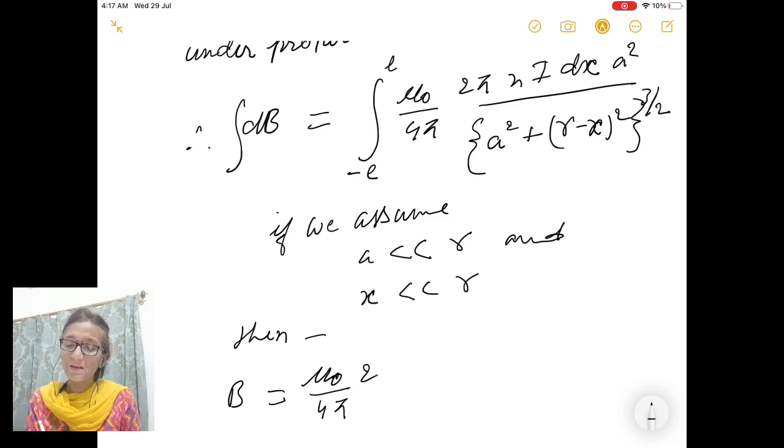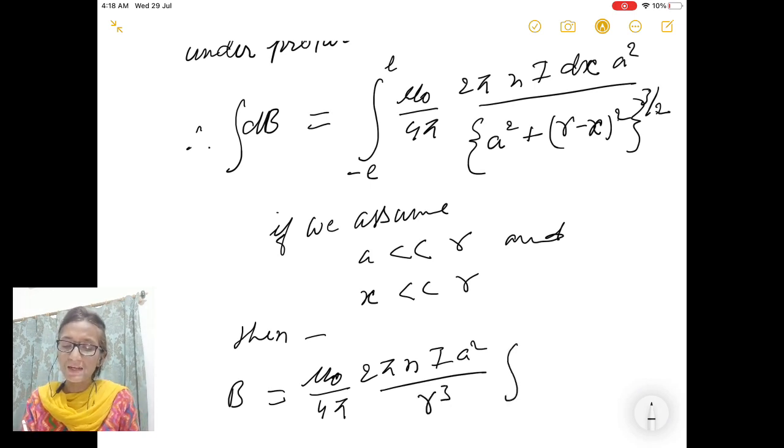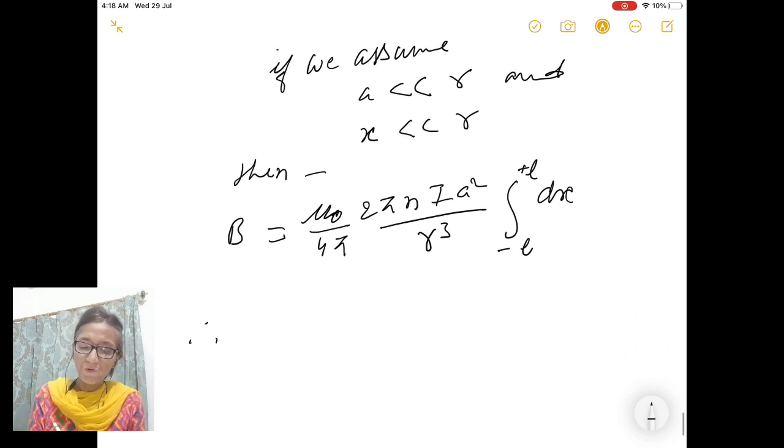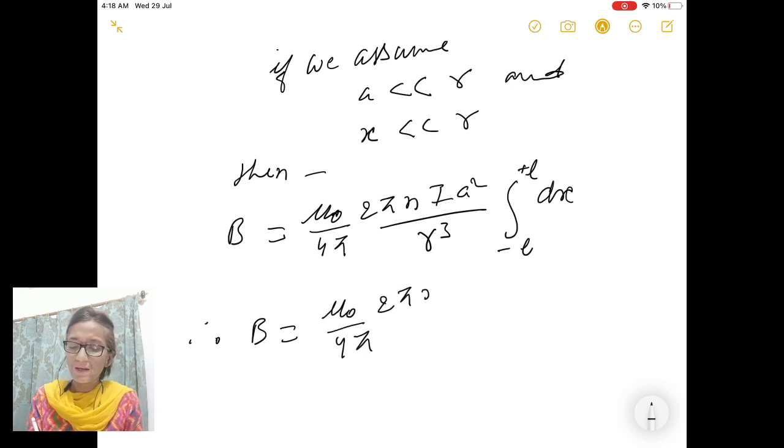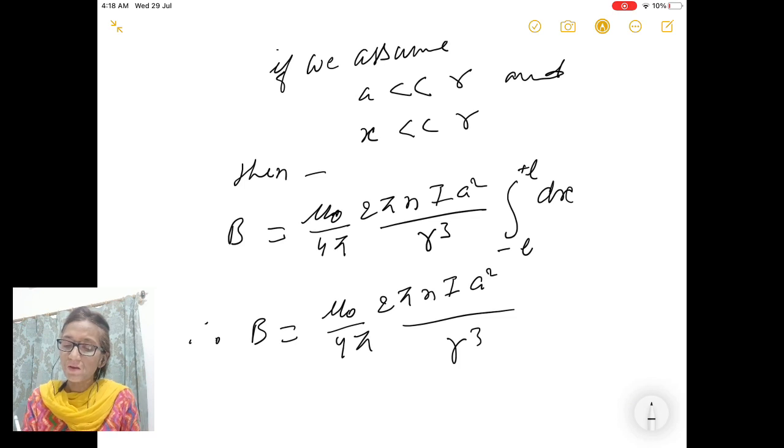Mu naught upon 4 pi, 2 pi n I a square divided by, here I have neglected a and x, so r square power 3 by 2, and the 2 will be cancelled, so the rest is r cube, and then integration of dx only from minus L to plus L. Therefore B is equal to mu naught upon 4 pi, 2 pi n I a square upon r cube, and integration of dx is x from limit minus L to plus L.